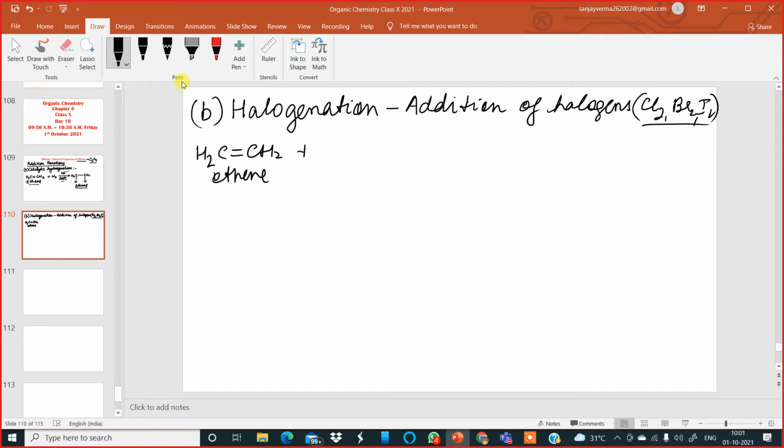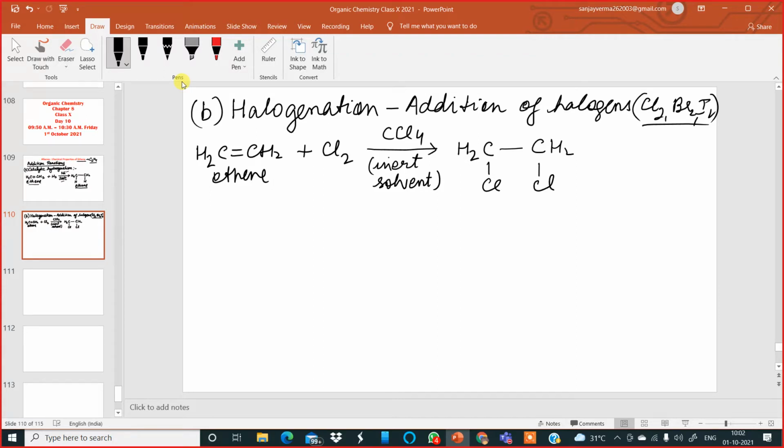When it is reacted with chlorine gas, Cl2, in an inert solvent like carbon tetrachloride, which is an inert solvent, chlorine reacts with ethene to produce a compound which has a formula like this: H2C, single bond, CH2, and then one chlorine here, another chlorine here.